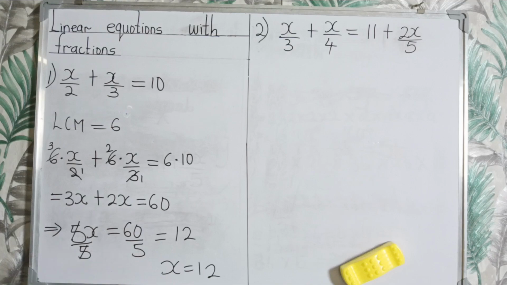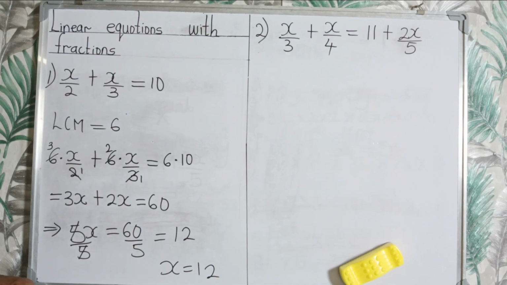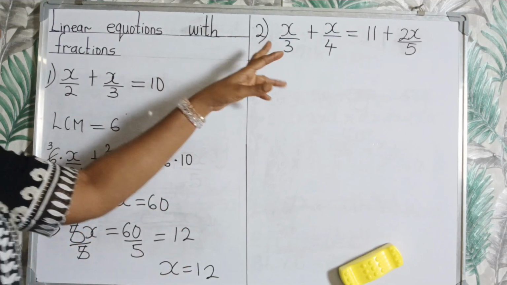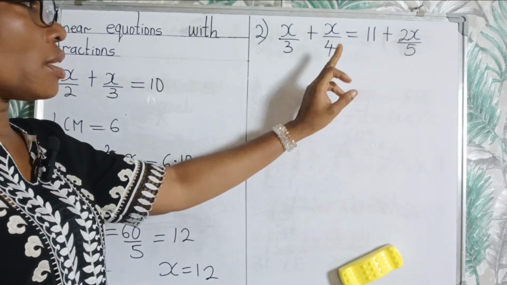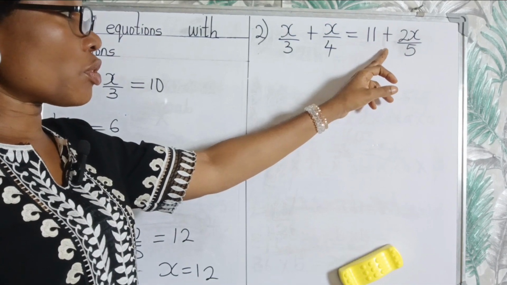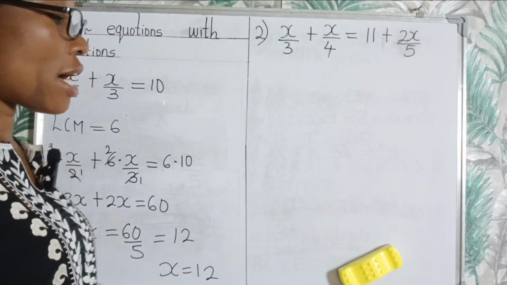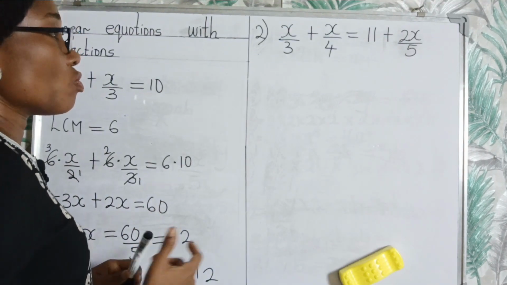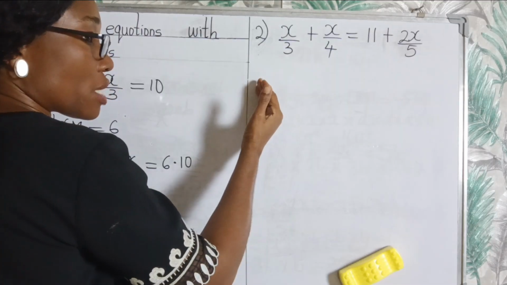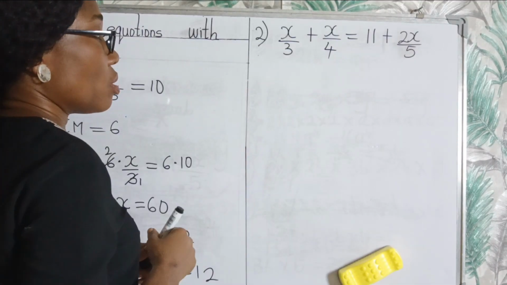Okay, so let's attempt the second question. Here we have x divided by 3 plus x divided by 4. This is equal to 11 plus 2x divided by 5. So the first thing I would like to do is to move all the fractions to one side of the equation.